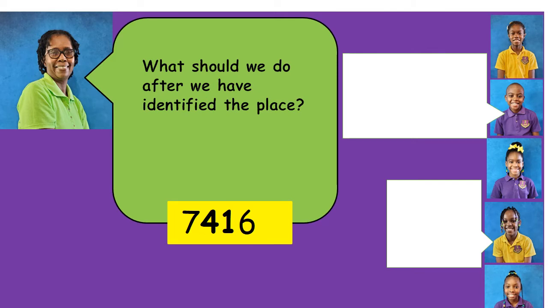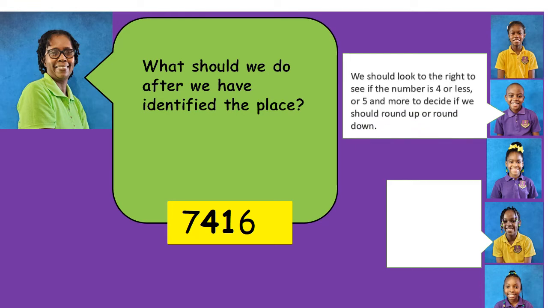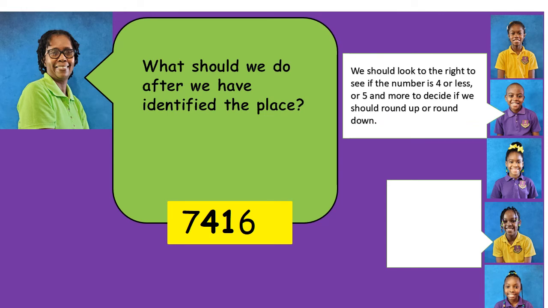Now, what should we do after we have identified the place? Let's hear what Shamal has to say. So Shamal is saying after we have identified the place, we should look to the right to see if the number is 4 or less, or 5 and more, to decide if we should round up or round down.